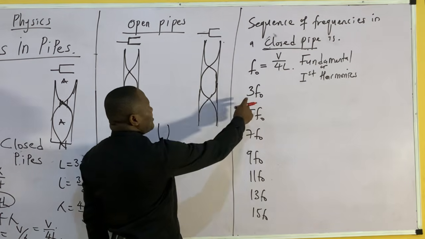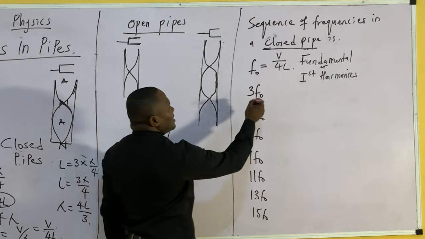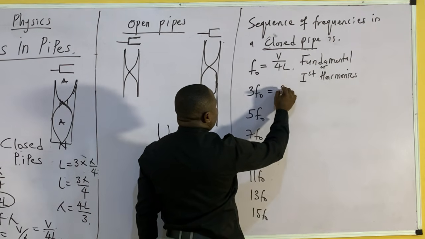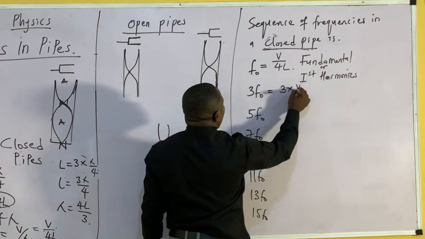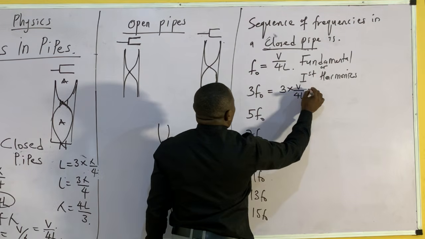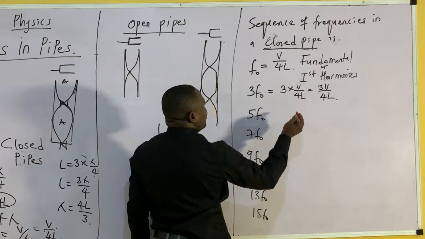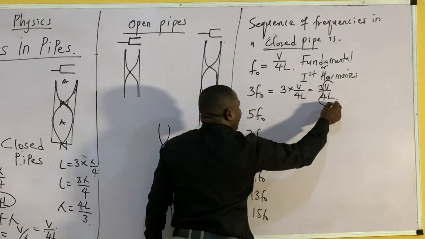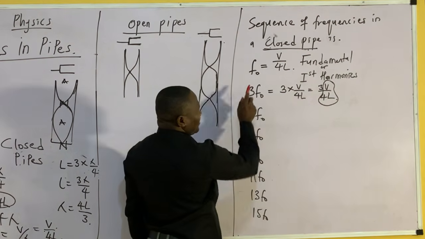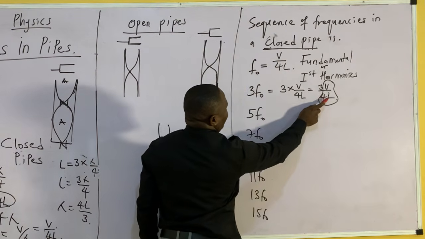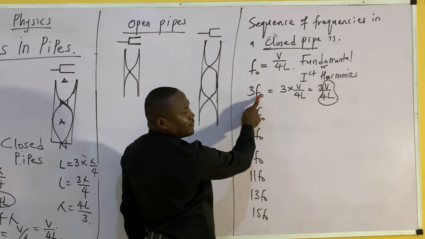Now, there is something about the next one. Very simple. The next one will just be 3 times V over 4L, which is 3V over 4L. If you check, V over 4L is F naught, that's why we call it 3F naught.